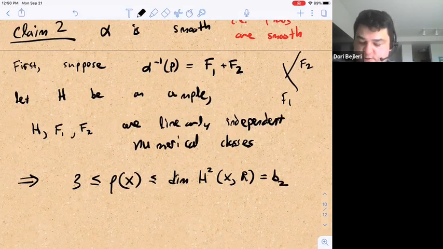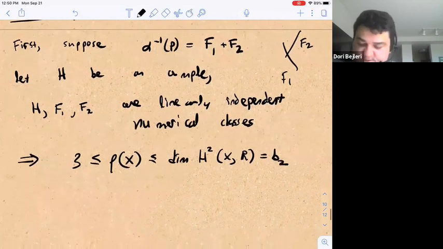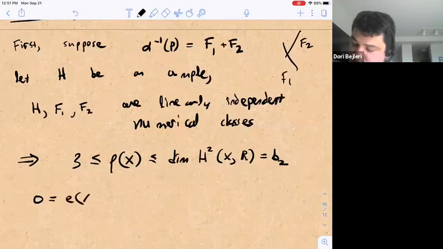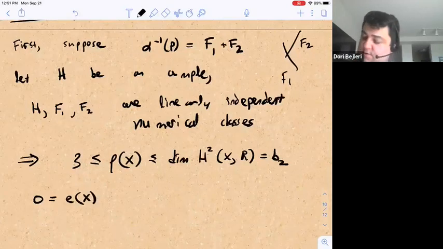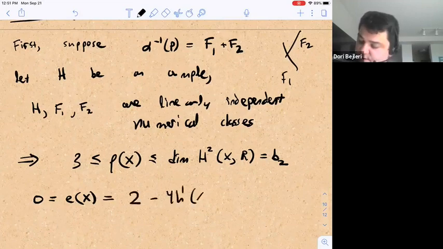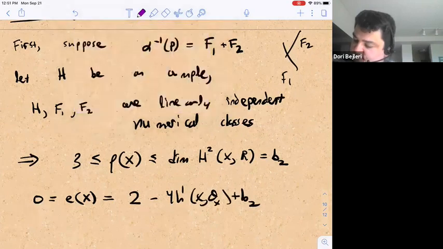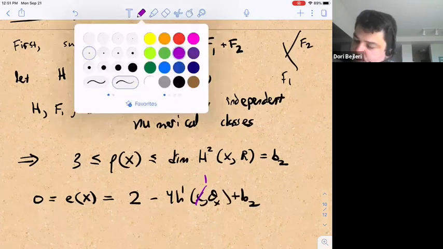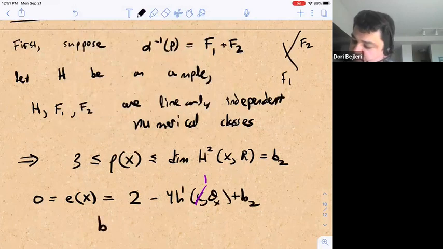But now we use our previous relations and we see that this topological Euler characteristic is 0, which we showed earlier was the same as 2 minus 4h1(O_X) plus b2, but we know that h1 is 1, so b2 has to be 2, and that's a contradiction.